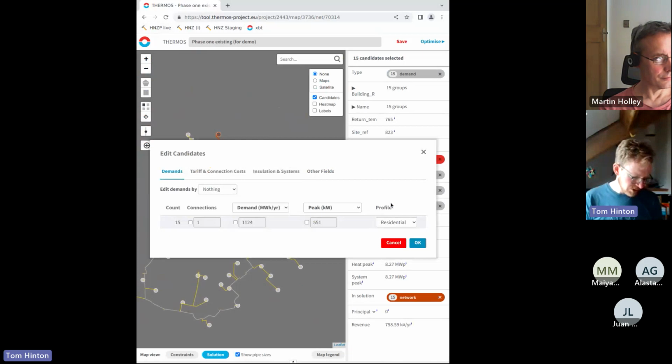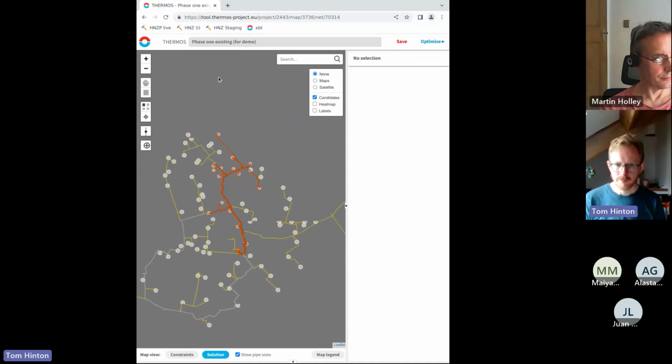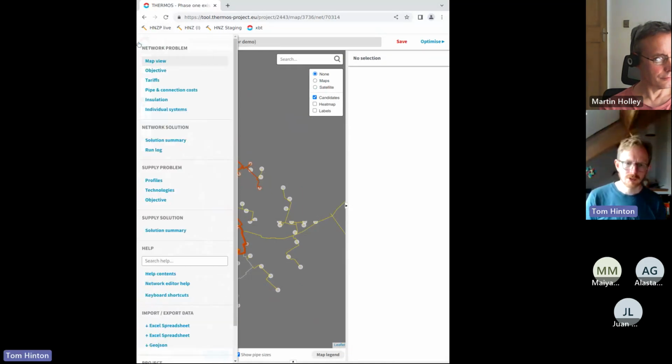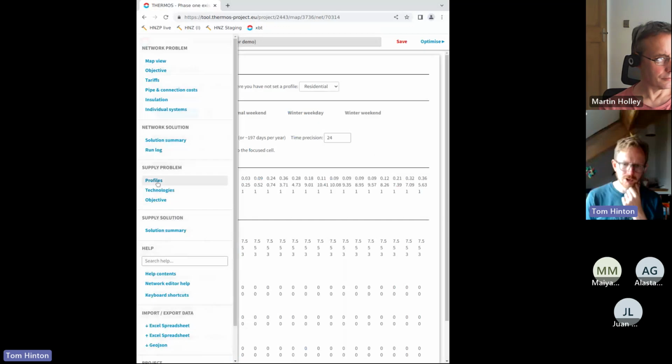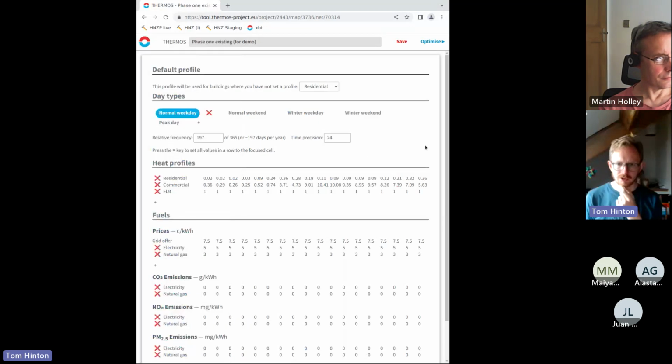So this is a representation of the time of use for heat in the building, and those are inputs to the supply problem. So the profiles are defined here in this slightly ugly bit of user interface. You can get these out in a spreadsheet and edit them yourself and put them back in.